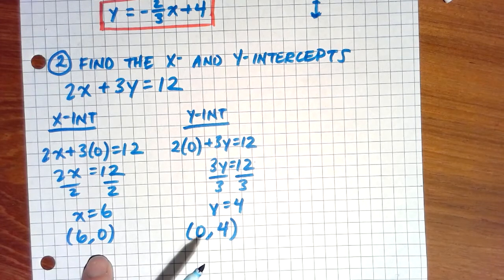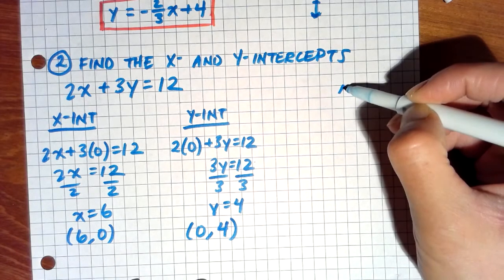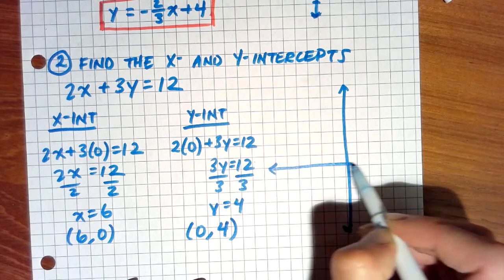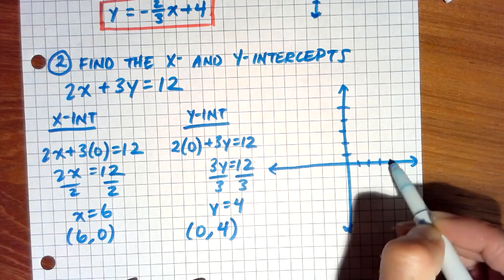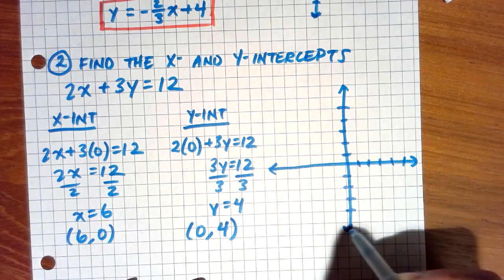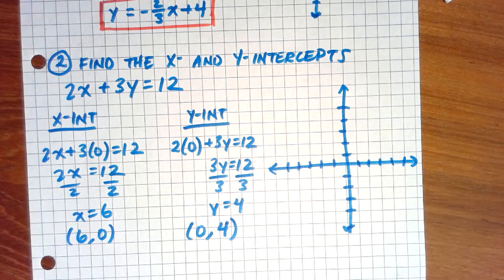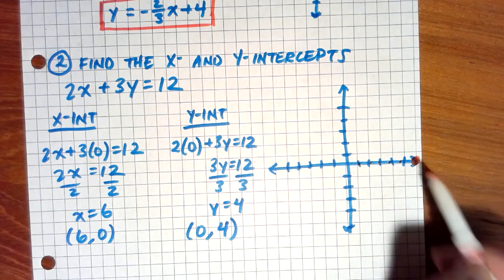Now I have my x and my y-intercepts. I can graph these 2 points. X-intercept was 6, 0. So 1, 2, 3, 4, 5, 6, 0. That's right there.